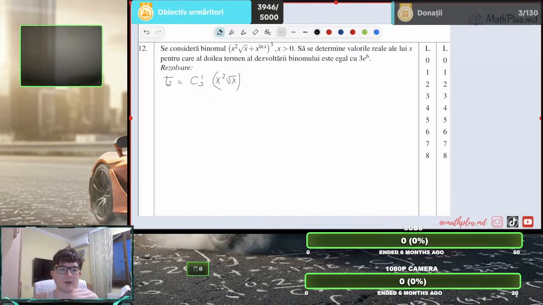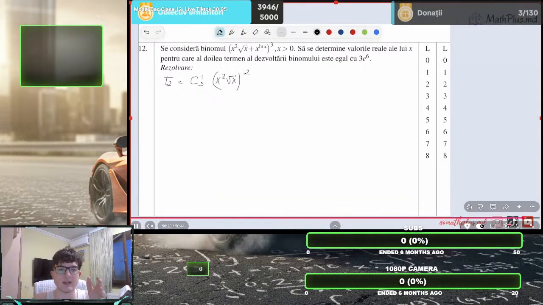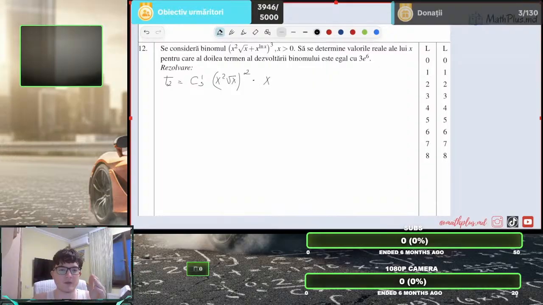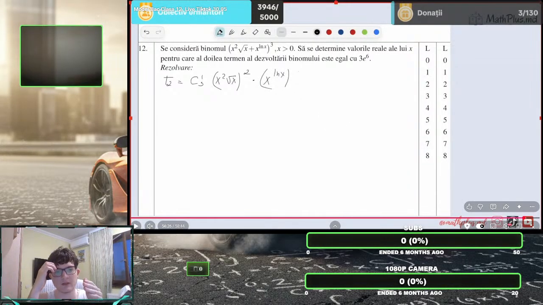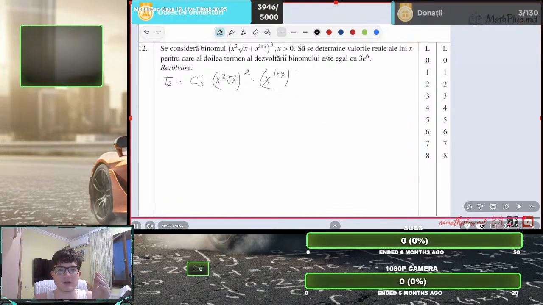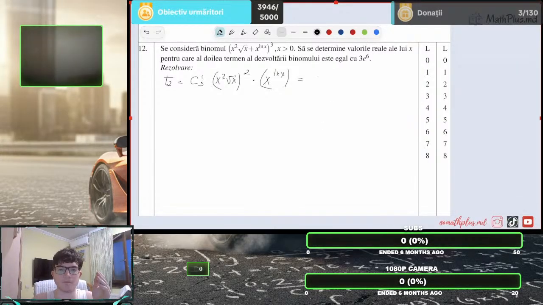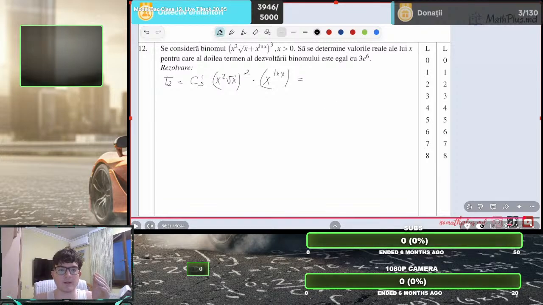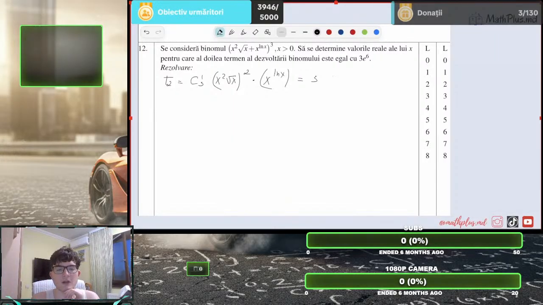That is super hard. This is literally the Gaokao exam. So x ln x, and what power? k is 1, so power of 1, so we don't even need to write it down. So c is 3 choose 1, that is 3. Now x to the power of 2 times square root of x.